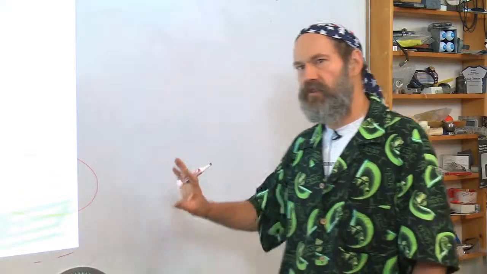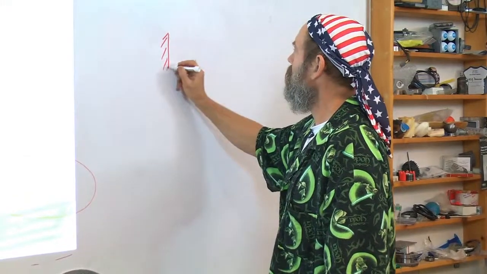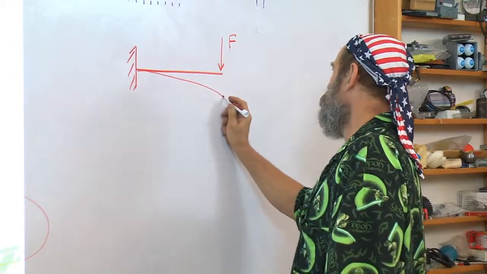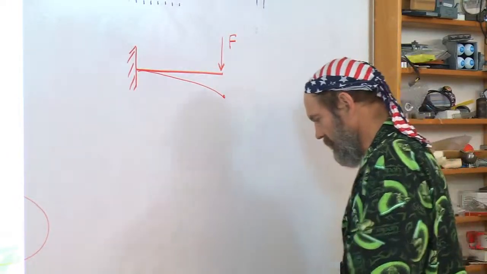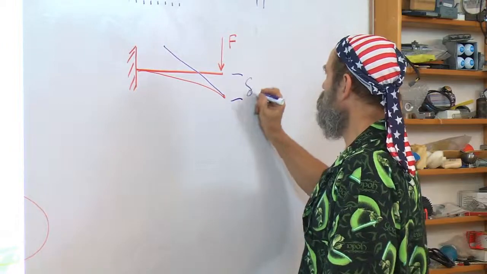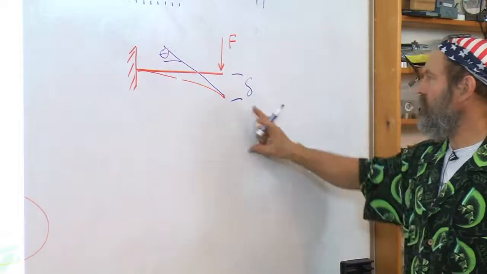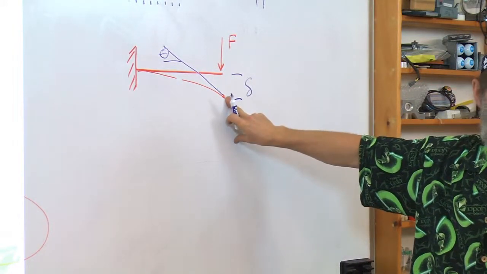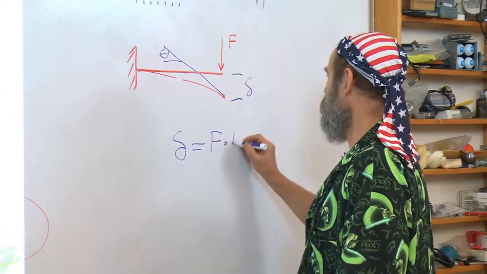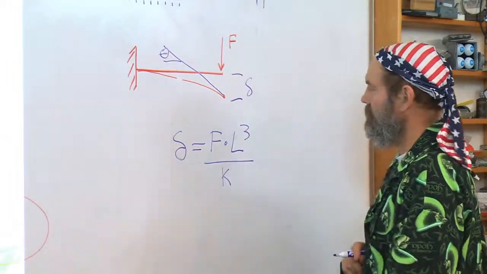And let's jump ahead a little bit to the structures chapter, because I know you've read ahead there. If I take a cantilever beam and I push on it with a force at the tip here, I'll get some deflection, delta, but it's also going to have an angle of inclination, theta. And it turns out that deflection equals force times length cubed over some constant k, which later on we'll get into.